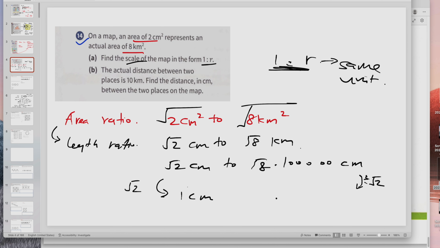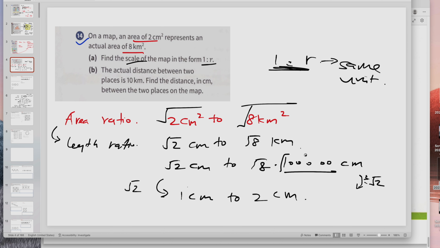You key in what? Square root 8 divided by square root 2, not 8 divided by square root 2. What I want is square root 8 divided by square root 2. Okay, so you must know how to key in also. So the answer is 2.